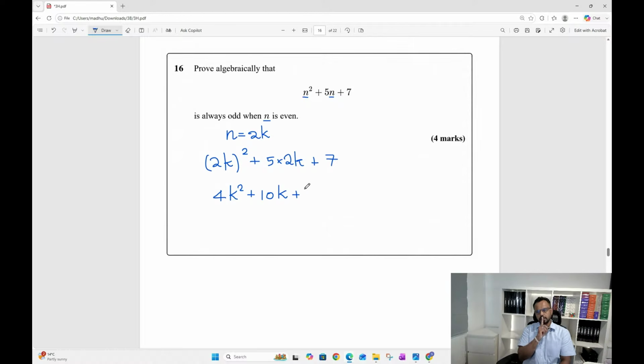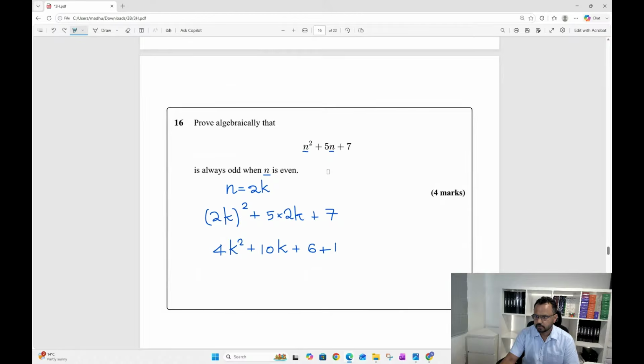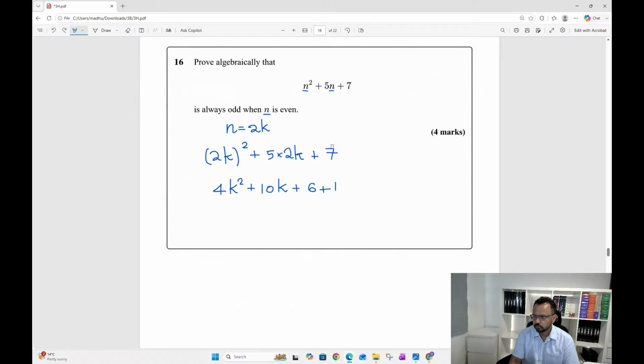Now guys, I need to show this is odd, my bad, right? It's always odd. So instead of 7, I'm going to do 6 add 1. That's fine, right? Because 7 is the same as 6 add 1. Now, why did I do that?